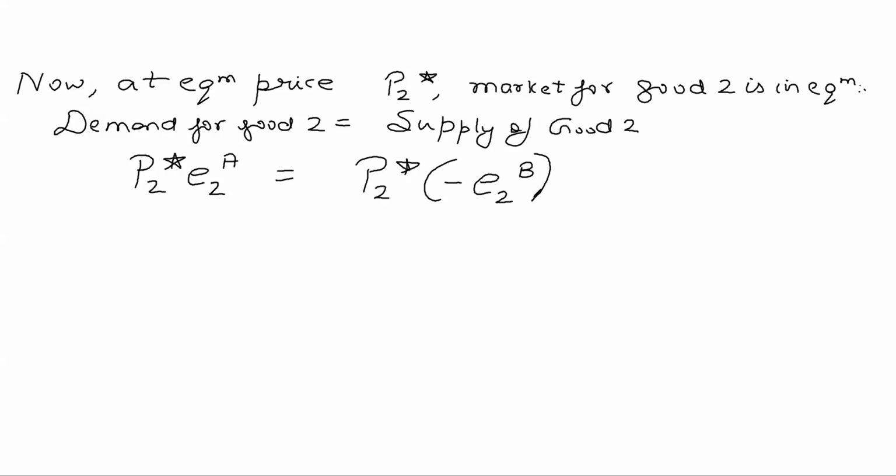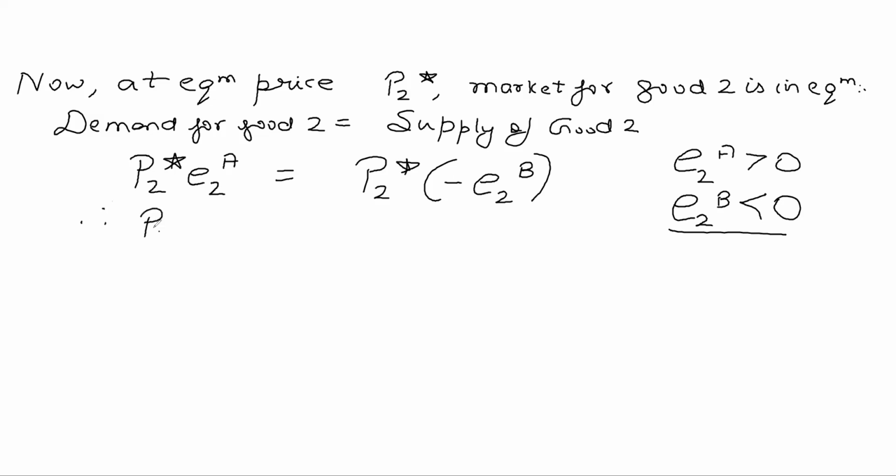It's the same logic which we had done for good 1. If agent A has excess demand for good 2, it has to be matched by excess supply from agent B. That is why E2B has taken a negative sign. I hope all students are clear with this. So I can do a similar analysis.